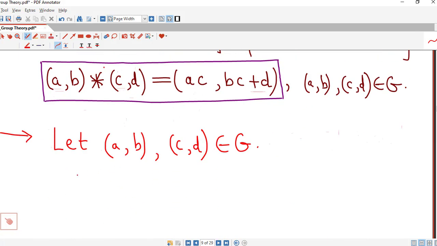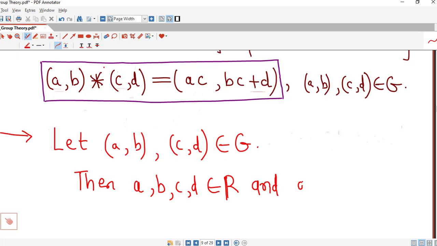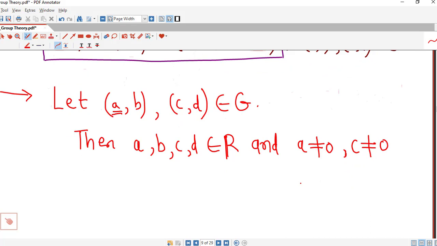Because (a, b) and (c, d) are taken from G, a, b, c, d are all real numbers, and a, the first component of the first pair, is non-zero, and c, the first component of the second pair, is also non-zero.